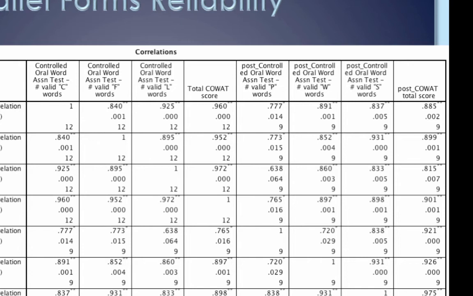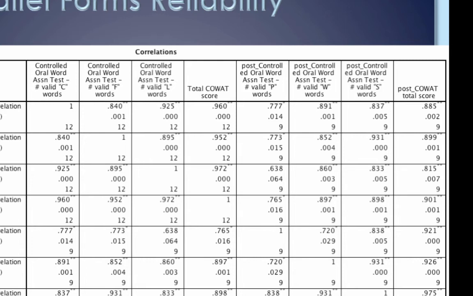I wanted to see, knowing that I used 3 different letters before the intervention and 3 letters after, how do I really know that it's supposed to measure verbal fluency, which is what the COAT measures? One of the things I can do is see whether these 2 different parallel forms are equivalent in measuring verbal fluency.